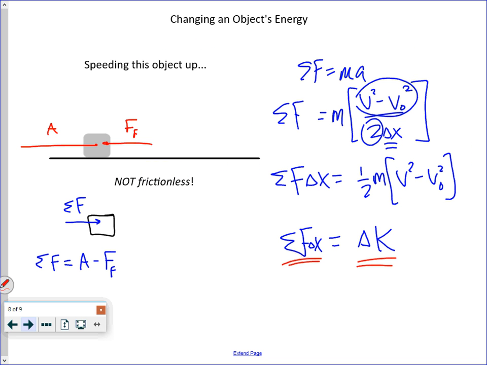So there's a bunch of different considerations with force, but the idea is any and every time you see a change in energy, and you see the product of force and displacement, recall that is the definition of work. All right?